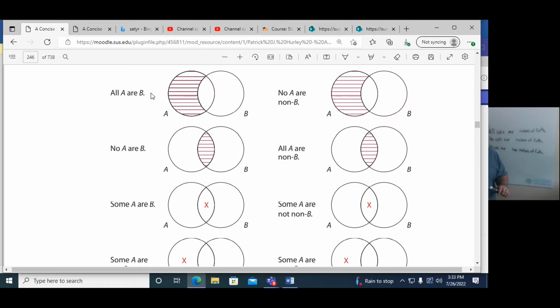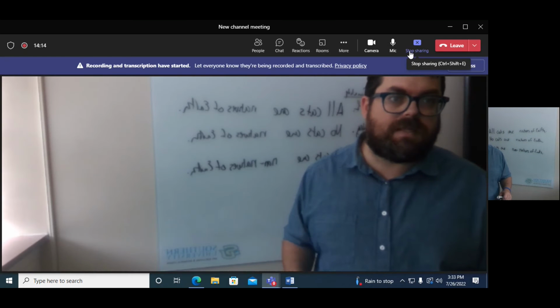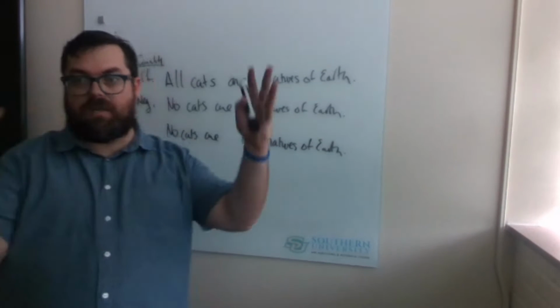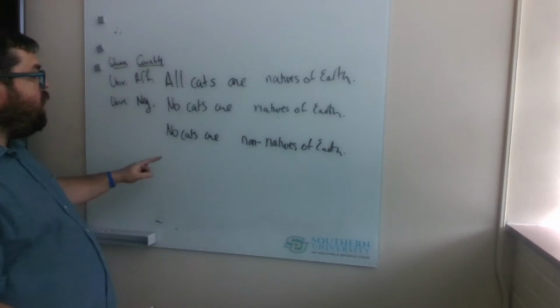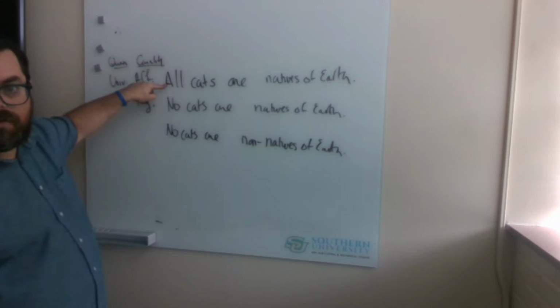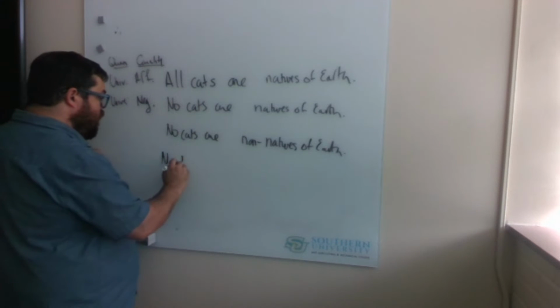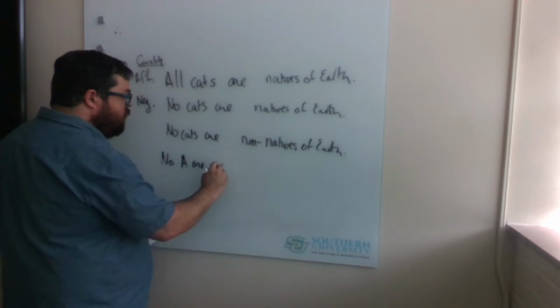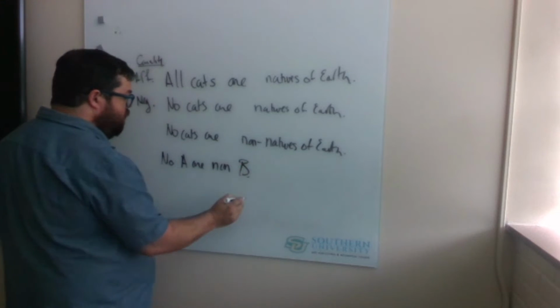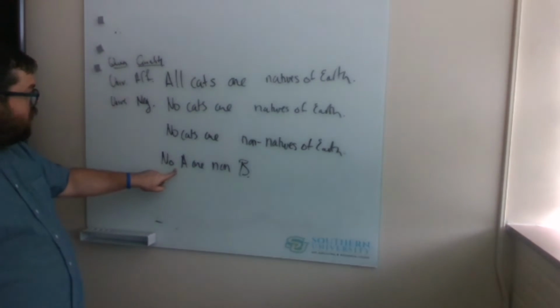And here's the other thing, and maybe this is a good time to talk about this. If you went no cats are non-natives and you went backwards, let's write this out as no A are non-B, and then you did the obversion of this statement, you would change the quality, not the quantity.